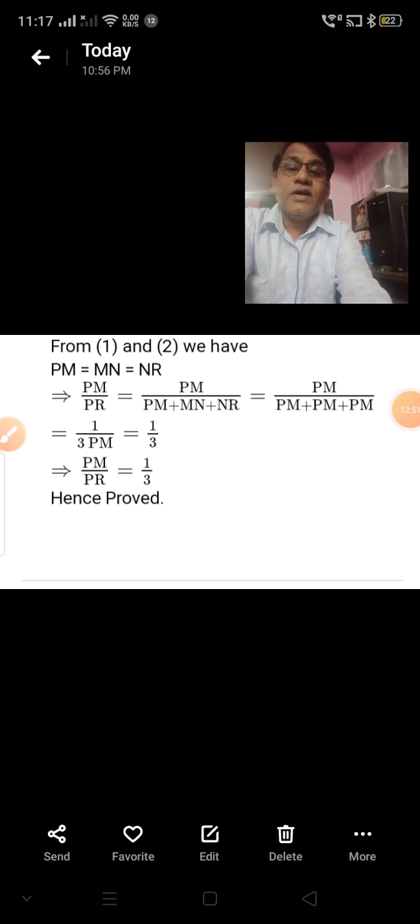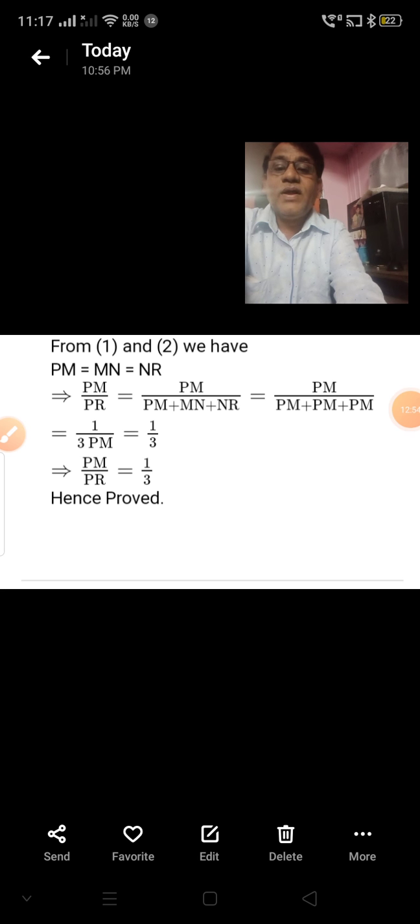Now PM is equal to MN is equal to NR. PM by PR means PM by PM plus MN plus NR. All are the same: MN is equal to PM and NR is also equal to PM.